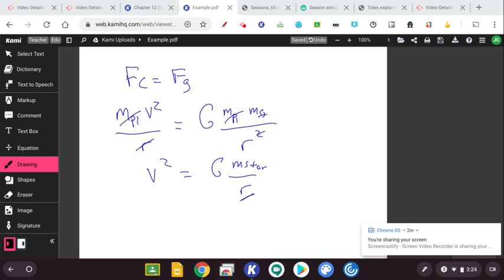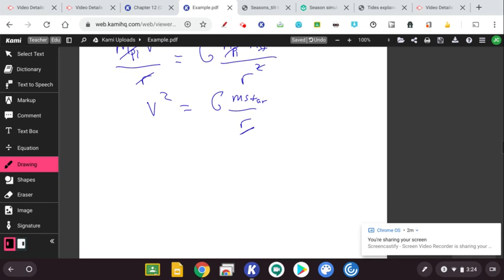But let's take this to another level, because we know that when an object is traveling in a circular path, the velocity in a circular path is equal to the circumference divided by the time it takes to go around, the period. Or in other words, 2 pi r divided by the period.